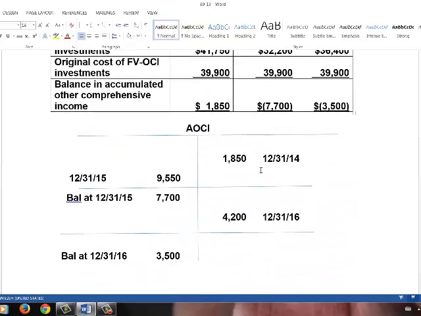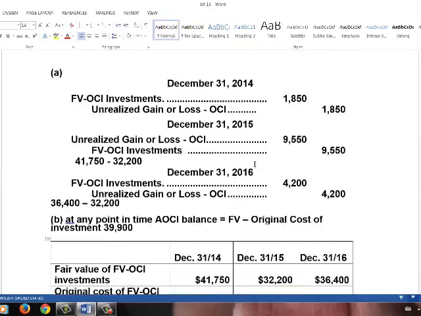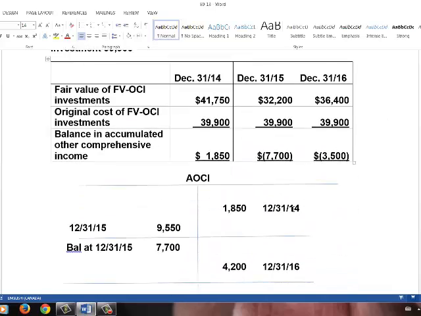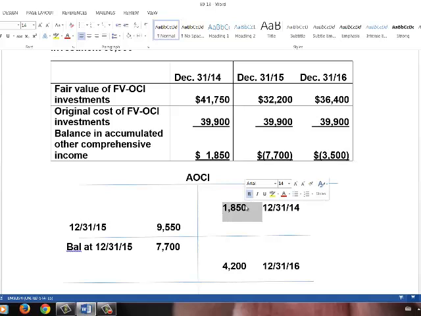Use a T account. We already determined here that at the end of the first year that we had the portfolio, our unrealized gain or loss going into OCI was $1,850. We didn't have an opening balance. It started at zero. If we had one, we'd have been given that balance or given numbers to calculate it. There was nothing. So now at the end of 2014, we have $1,850 in it. Again, the difference between the original cost of $39,900 and the fair value of $41,750. So that gives me $1,850 right from the start.